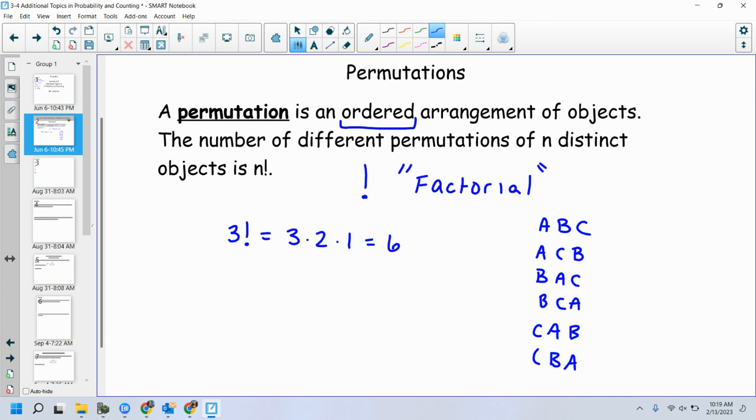I am not changing the components of my set, right? My set is still just 3 things. What I'm doing is arranging them in orders, right? And I have 6 different arrangements that I could have. I have 3 factorial arrangements of them. So 6 different total arrangements.